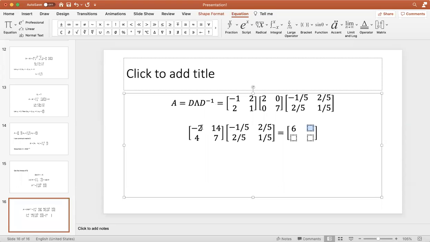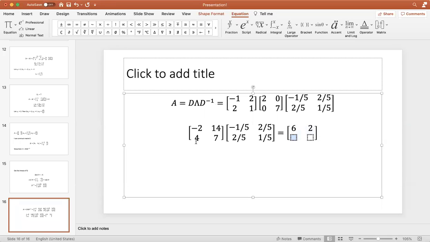The second element, you multiply negative 2 by 2 over 5. So you'll get negative 4/5 plus 14 times 1 over 5, that's 14 over 5. So essentially, you have 14 over 5 minus 4 over 5, and that yields 10 over 5, which is equal to 2.